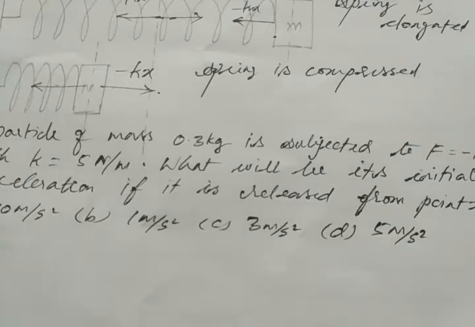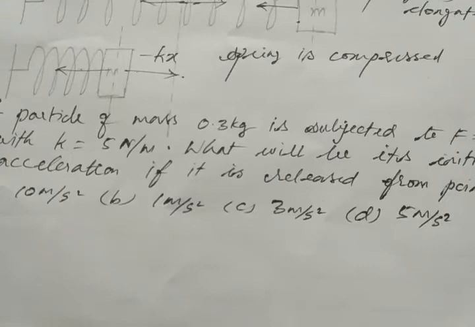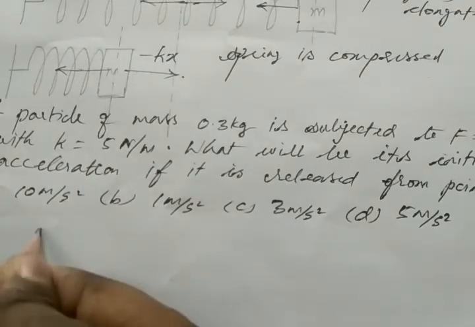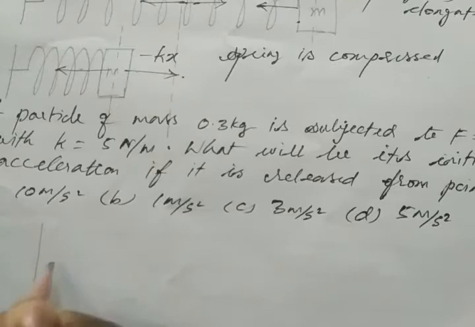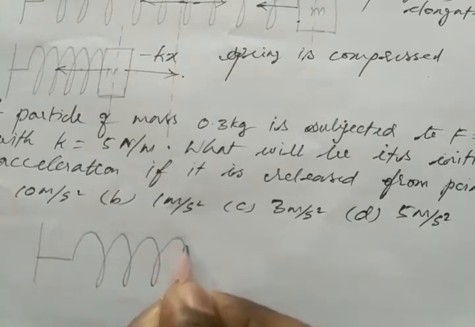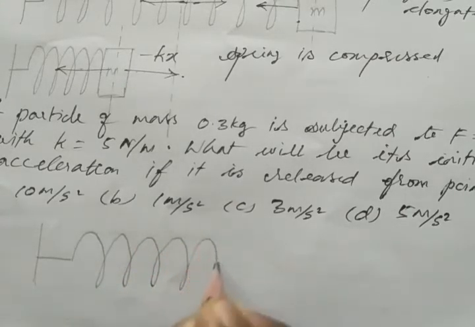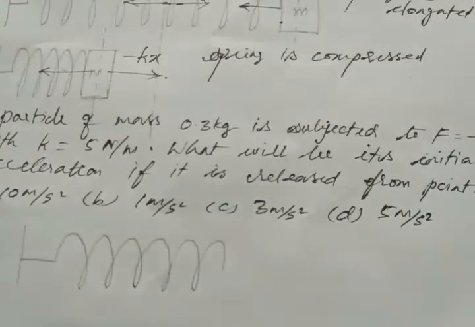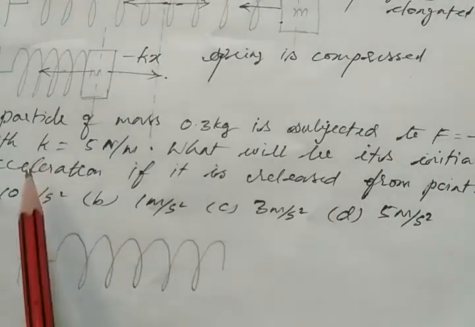So here we have a spring of spring constant 5 Newton per meter. I draw a spring of spring constant 5 Newton per meter. Here the spring is subjected to some force F equal to minus kx, and it says, what will be its initial acceleration if it is released from point x equal to 20 centimeter.